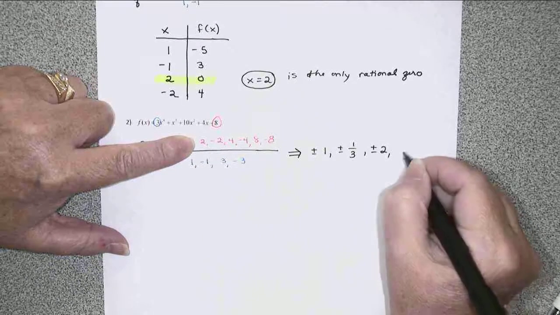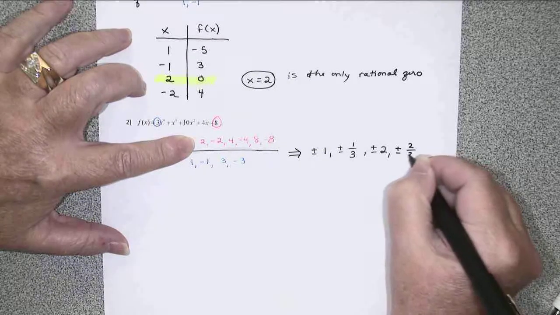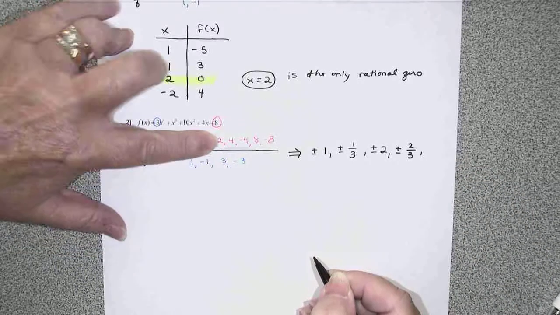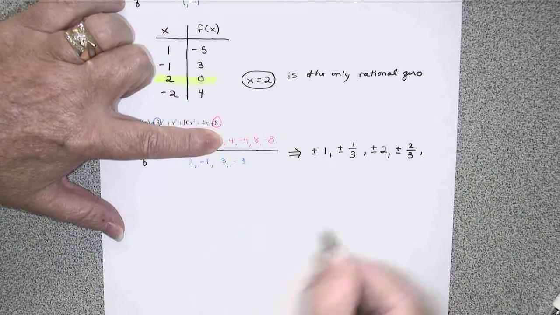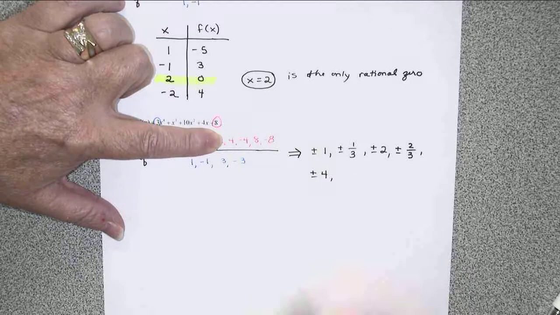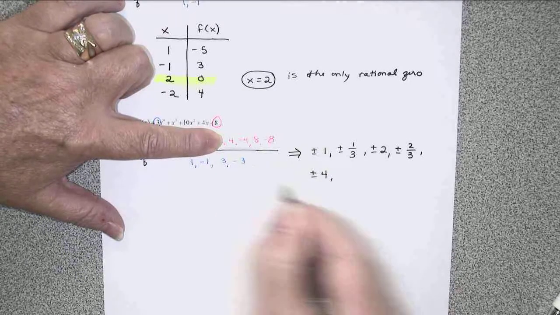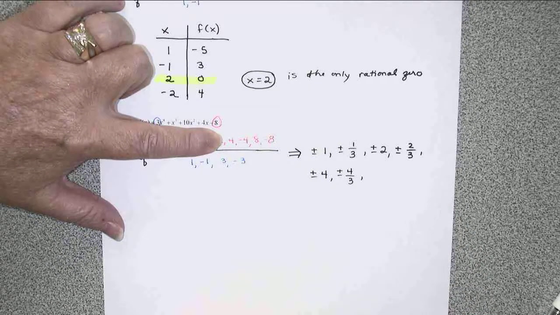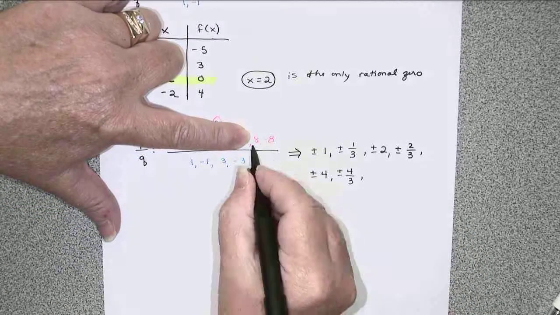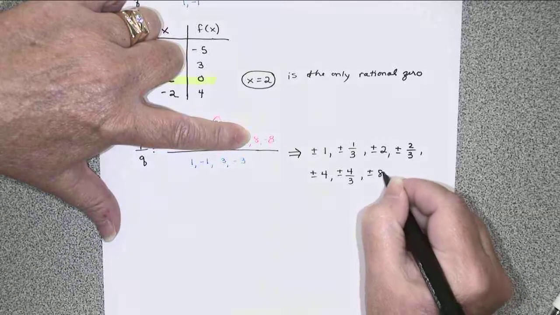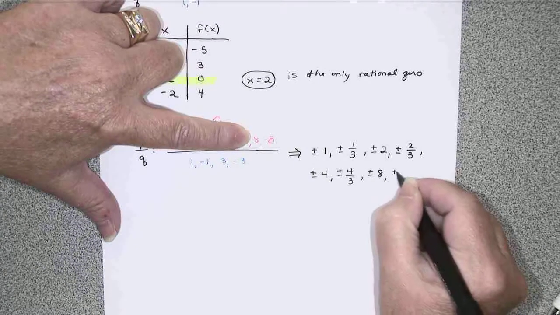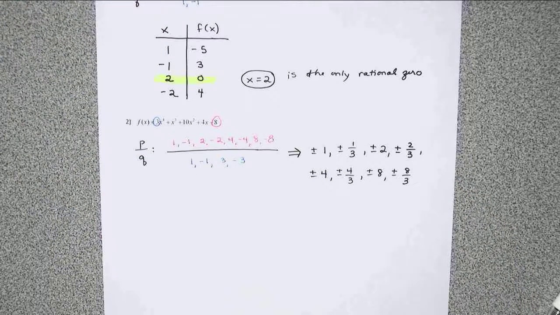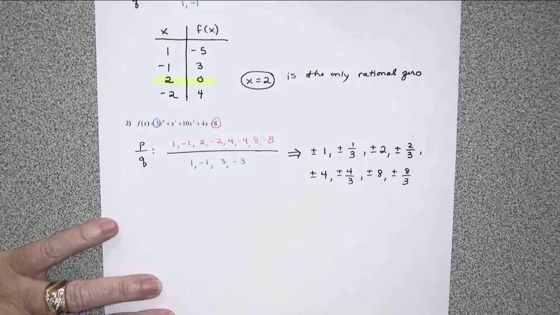And then 2 divided by one of the 3's would be plus or minus 2/3. Going over to 4, 4 divided by plus or minus 1, plus or minus 4. And 4 divided by plus or minus 3, plus or minus 4/3. Finally, the 8's give me 8 over the 1's, plus or minus 8, and 8 over the 3's, plus or minus 8/3. So we actually have 16 possibilities here, 16 candidates for rational zeros.